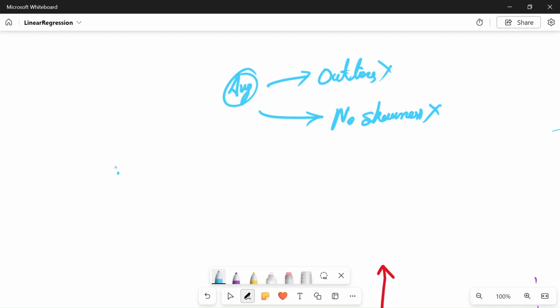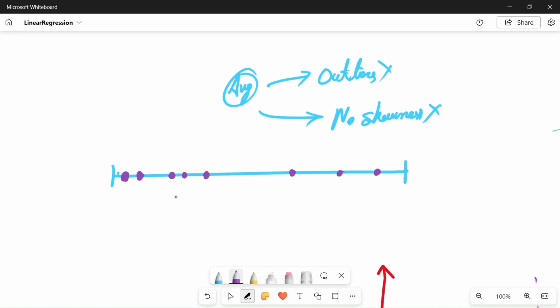Okay, so let's assume some data points. Here I have made some hypothetical data points, and if I ask you where the average of the data points should lie, I mean, if I ask you to find an average point, a representation of this data set, what point will you find, and where will that point be?